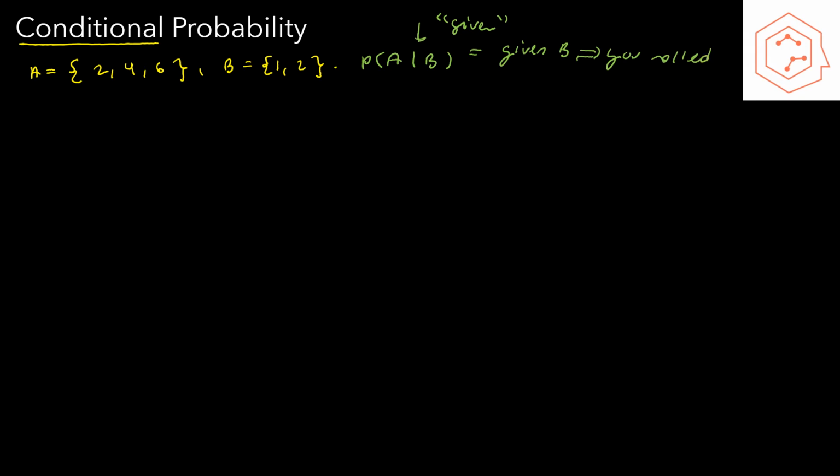You know that you rolled 1 or 2. So given that, what is the probability of A?